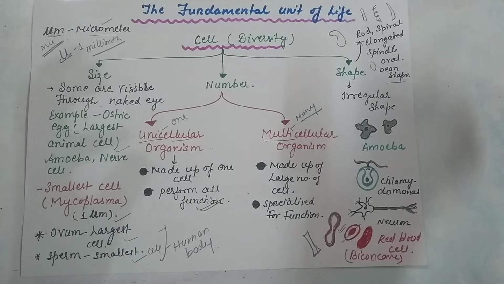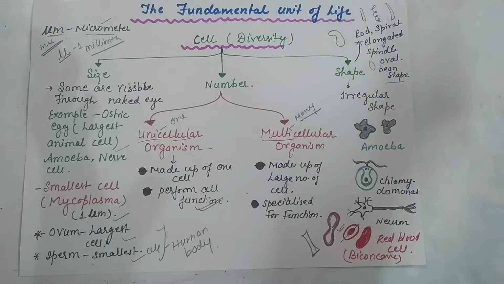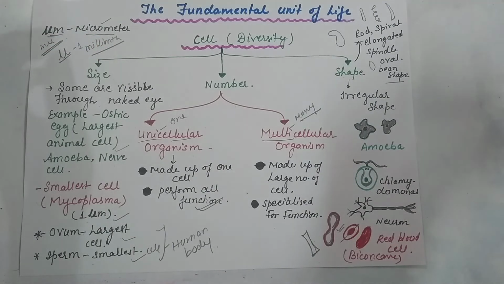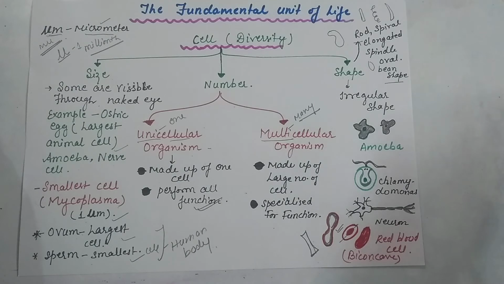But if more people live in the house, the functions are divided among everyone. Someone takes care of the kitchen, someone else of other household activities. The same is true of the multicellular organism: cells are specialized, and a particular work is specified for a particular cell. So this is all about cell diversity.